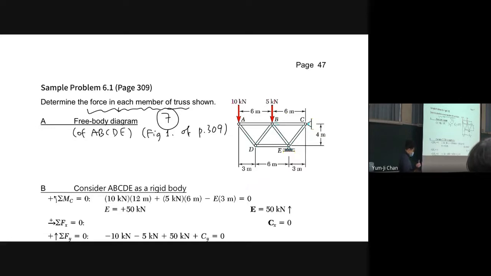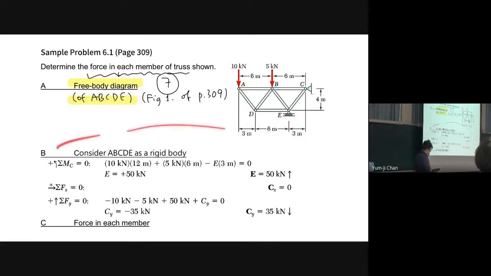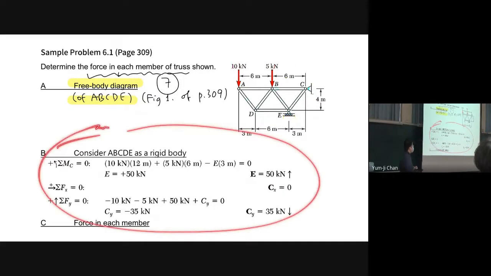First of all, draw the free body diagram of the whole structure. Then from this diagram, we can write three equations, and we will get all the support forces.